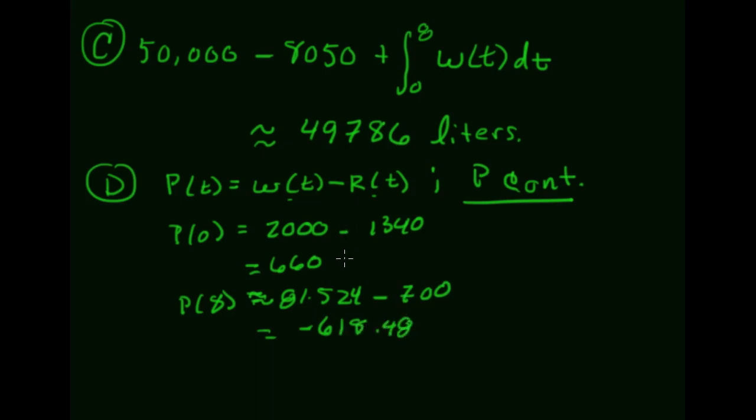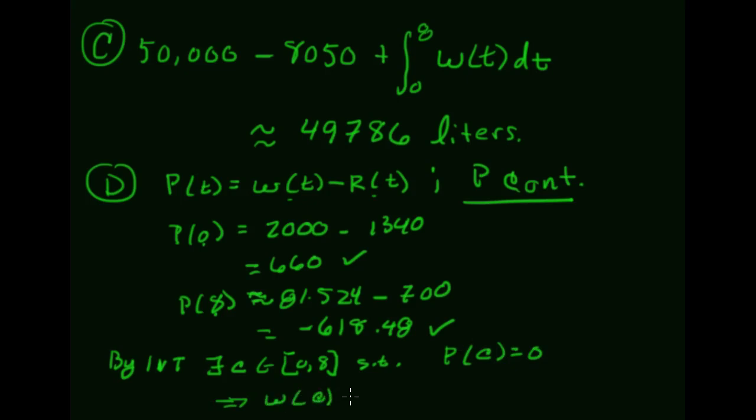So this one being clearly positive, this one being clearly negative, that means from time 0 to time 8, by the intermediate value theorem, there exists some C on 0, 8, such that P of C has to equal 0, which means at that time, W of C has to equal R of C, which means that at some point between 0 and 8, W has to equal R. So that's an intermediate value theorem problem.